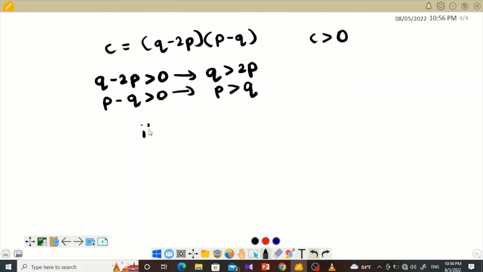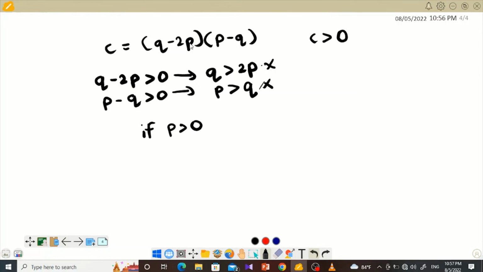If p is a positive number, these two inequalities cannot happen. You can see p is greater than q and here q is greater than 2p. This cannot be obtained if p is positive. These are false when p is a positive number.